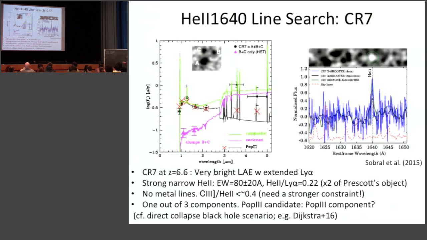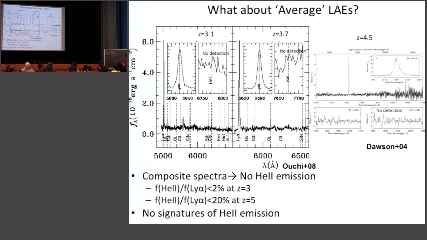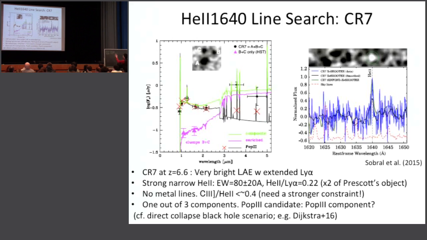And there are three continuum components, and SED fitting indicates that maybe this A component is pretty young, a possible young population. I will discuss more about this object in the comparison with theoretical models.